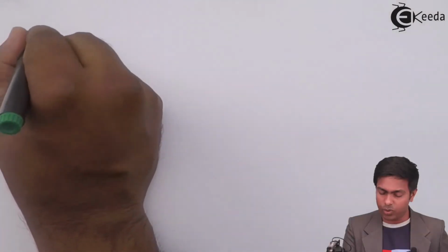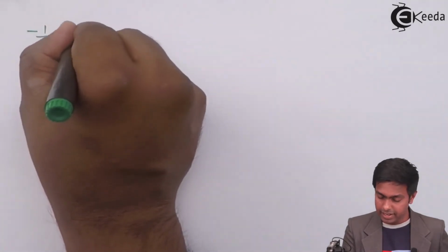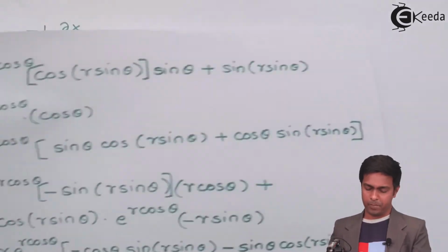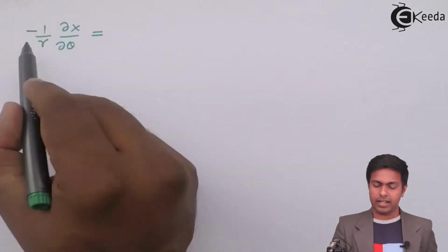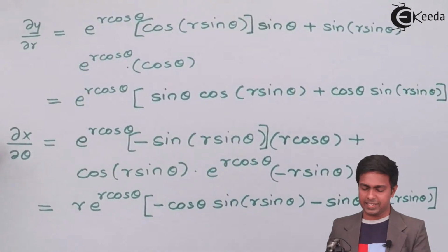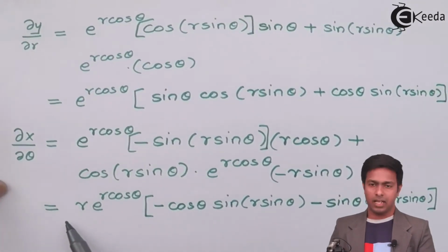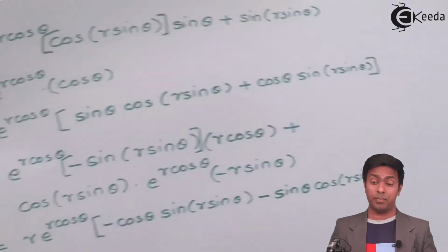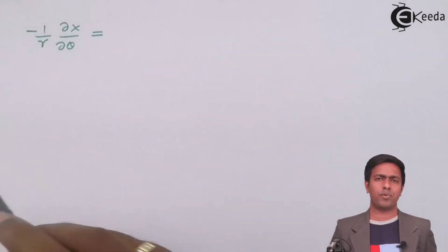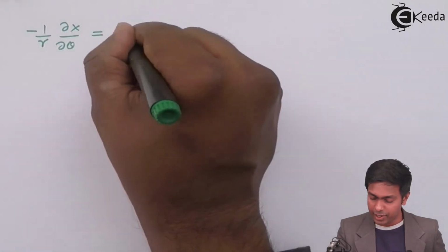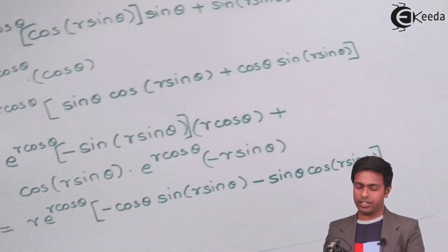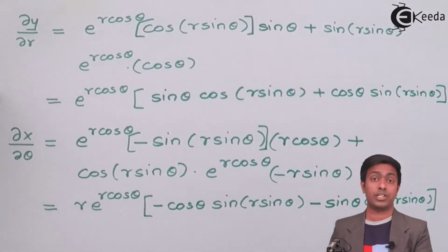Negative 1 by r del x by del theta equal to, the r in the denominator will be cancelled with this r, and the negative sign which we are taking outside will be multiplied with this negative sign, and that will become positive. So we will get e to the power r cos theta, and in the bracket we will get these two terms again, but both terms will be positive.